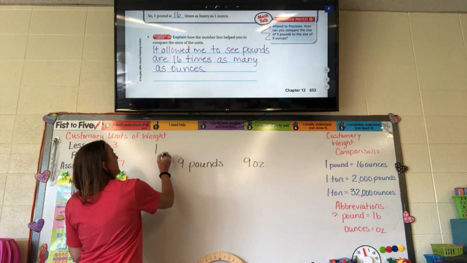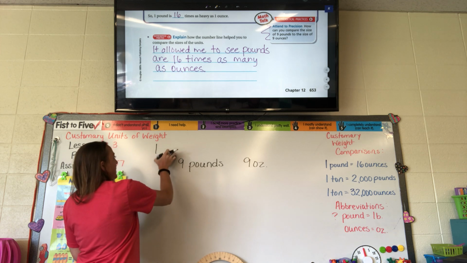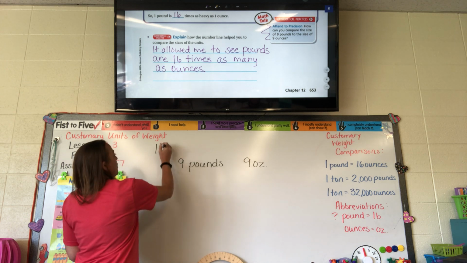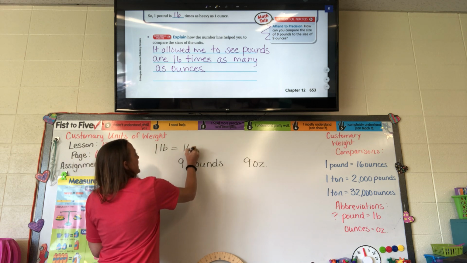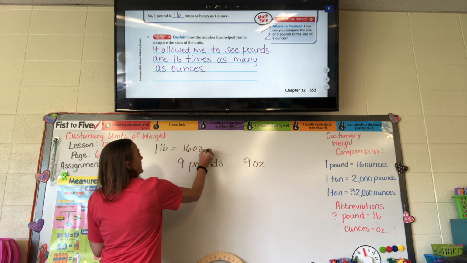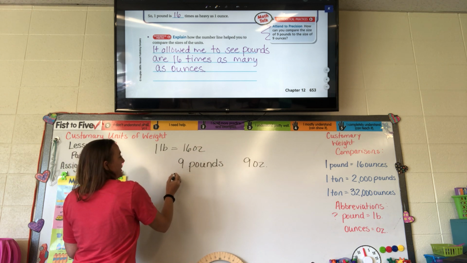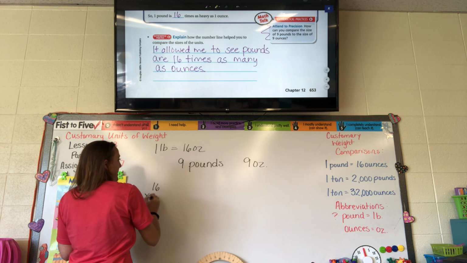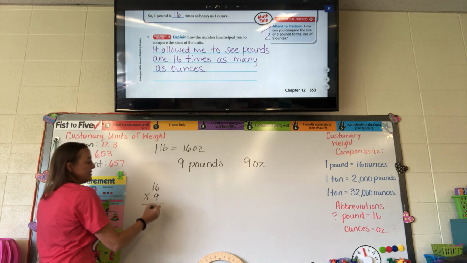So 1 pound, I'm going to do my little LB abbreviation for pound, equals 16 ounces. So 9 pounds would be 16 times 9. 9 times 6 is 54.